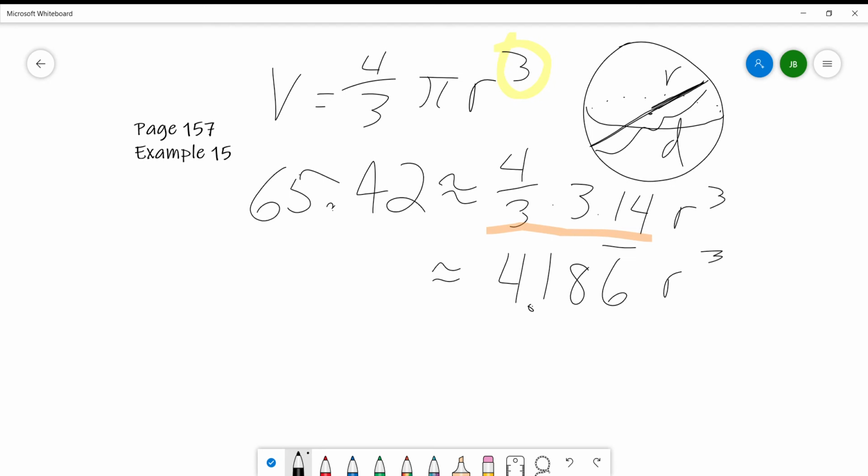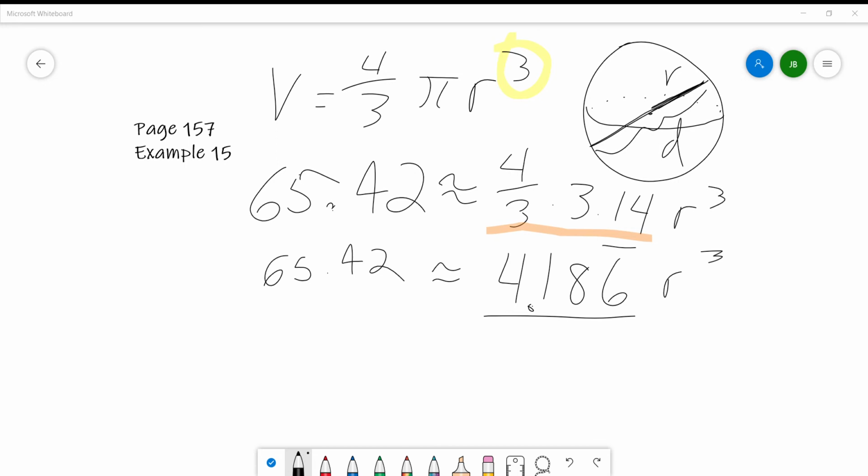Until such time as they tell you to not approximate pi and to leave it in whole numbers, in which case then you have to go back to the original 4/3 pi. Anyway, you'll probably get very familiar with that number, 4.186 repeating. Then what we can do is we can divide both sides by this.